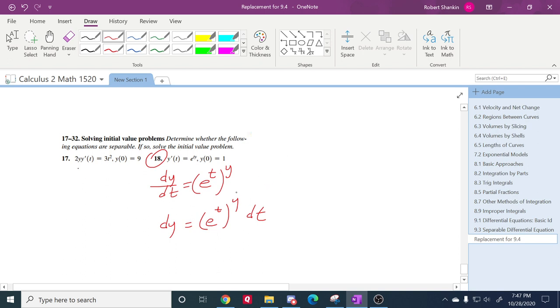Now, if I want to get all the y's to the left, I'd have to raise both sides to the 1 over y power. It's the same as taking the yth root. But the problem is, it would insert a 1 over y.